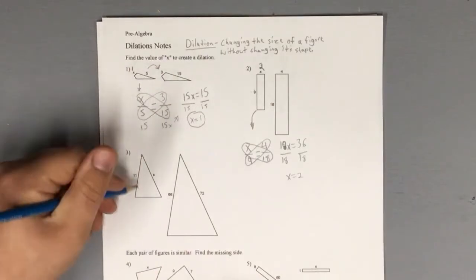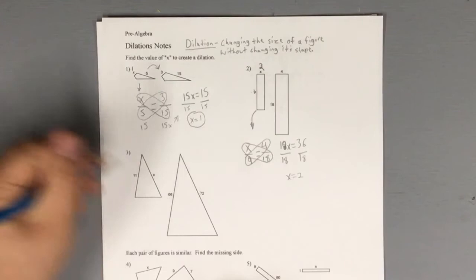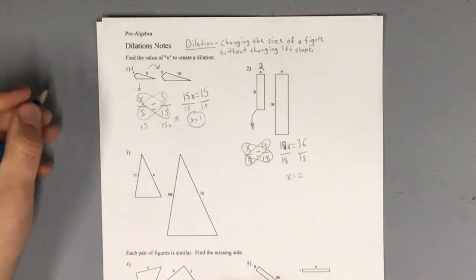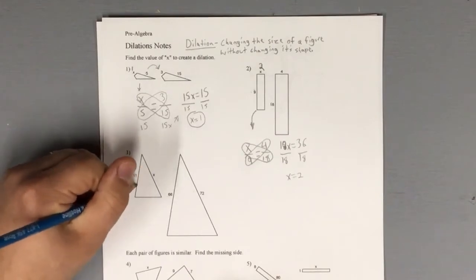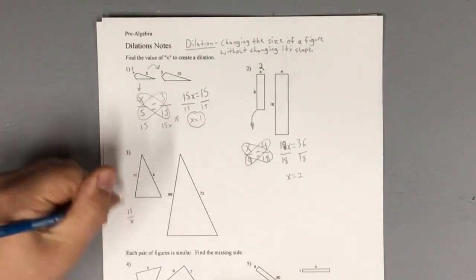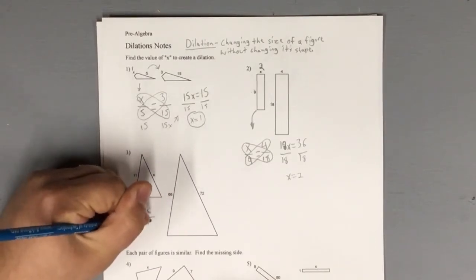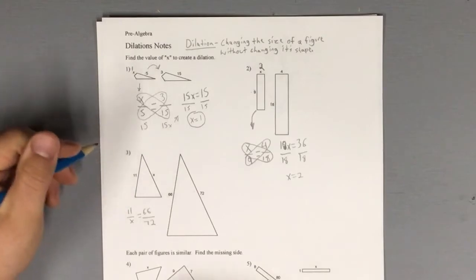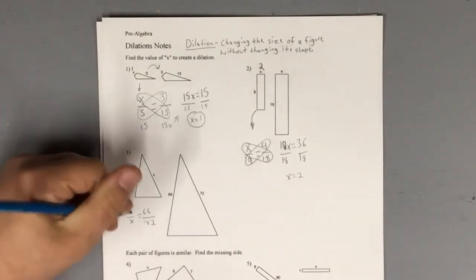Down here, same thing. If you notice, these triangles are in the same position, so I can say that 11 and 66 go together, x and 72 go together. So I'm going to set this up as 11 over x is equal to 66 over 72. When I cross multiply this, I'm going to get 66x.